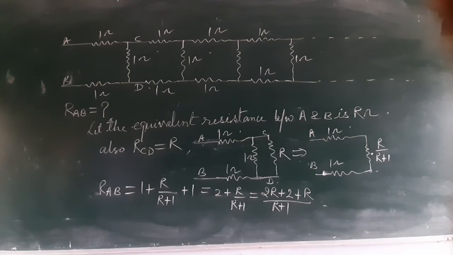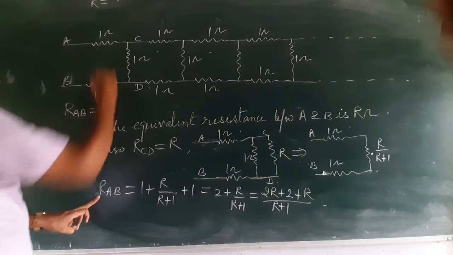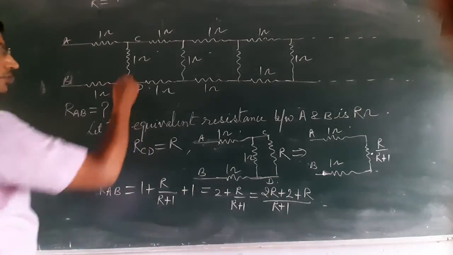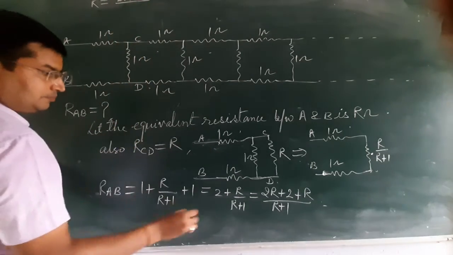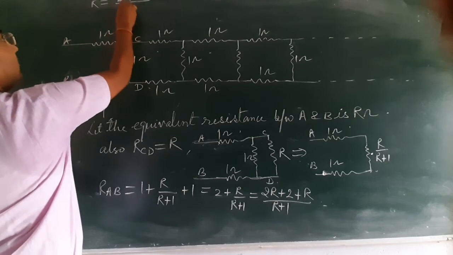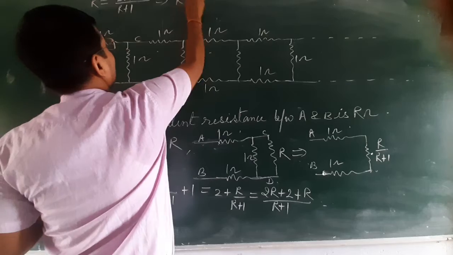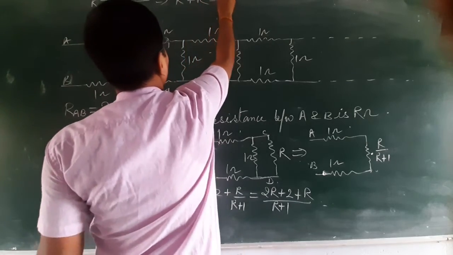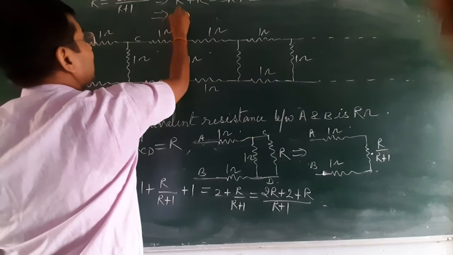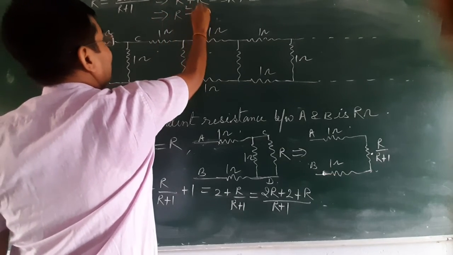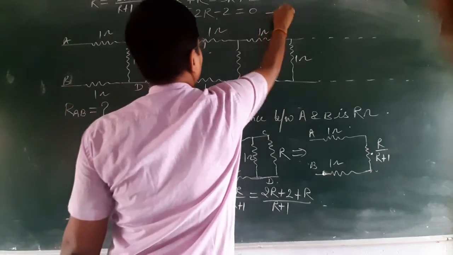RAB is R. So R is equal to 3R plus 2 upon R plus 1. Means R square plus R is equal to 3R plus 2, and this will be R square minus 2R minus 2 is equal to 0.